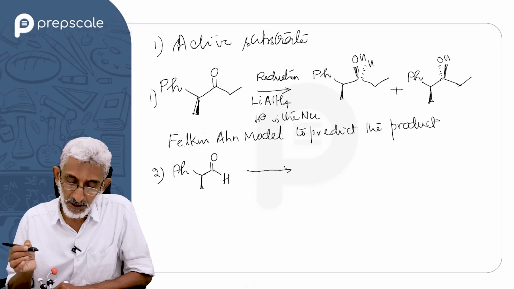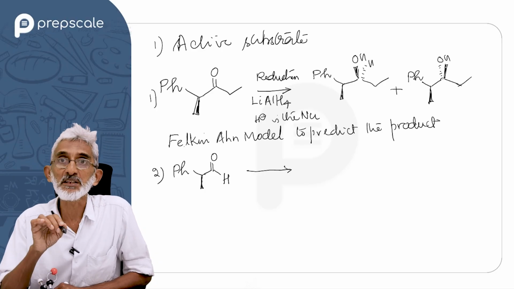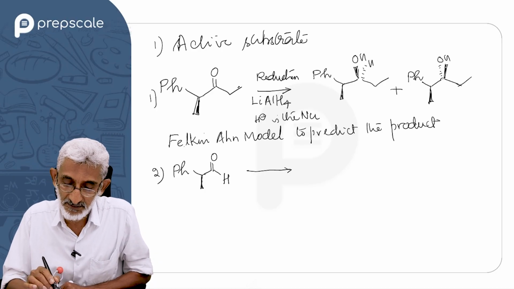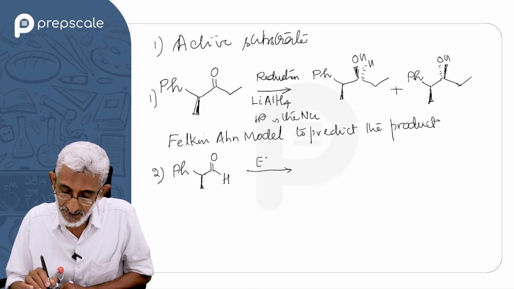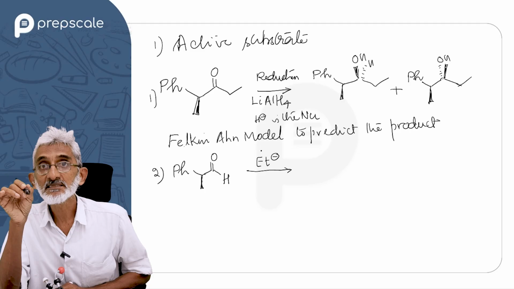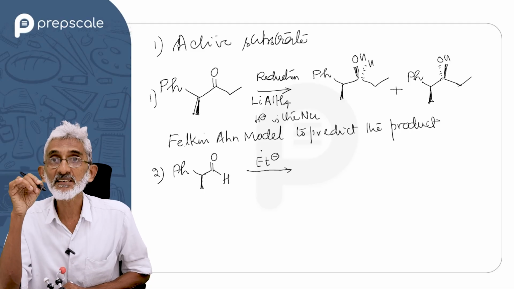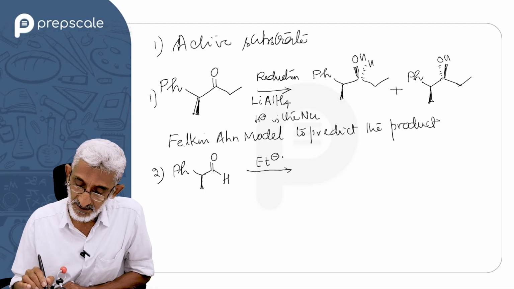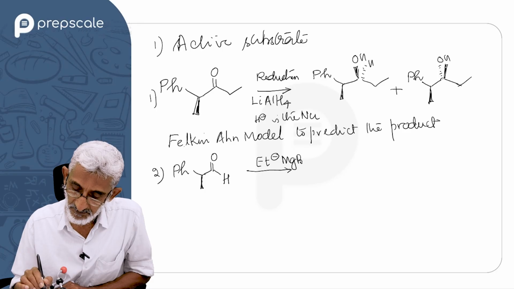Yes, you require an addition of another nucleophile. Here it is not H minus, you should have Et minus. Tell me, what is the reagent to generate Et minus? Yes, EtMgBr.